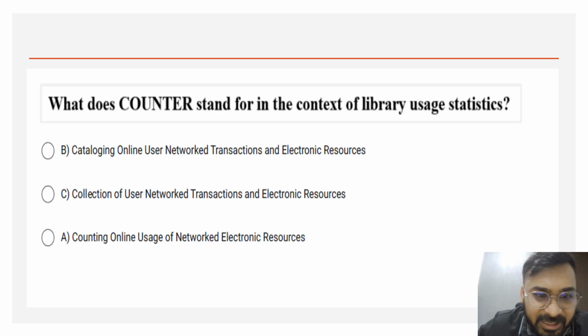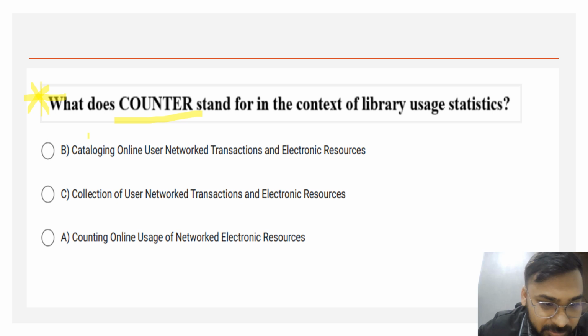What does COUNTER stand for? Very important question. Mark is important. COUNTER stands for, in the context of library user statistics: Cataloging online network transaction. No. Collection of users network transactions.